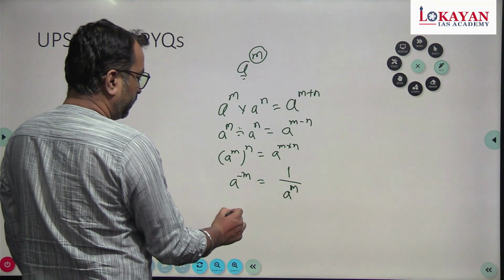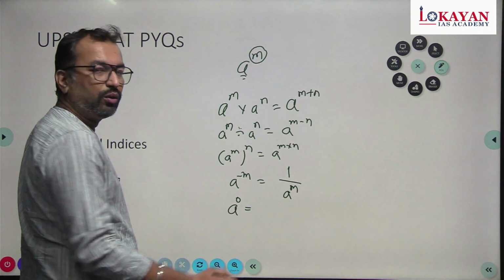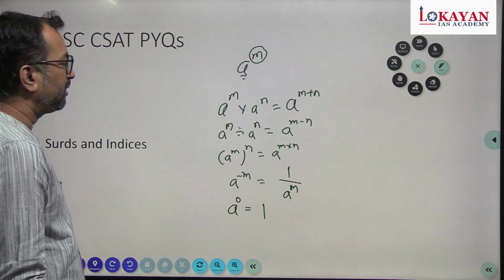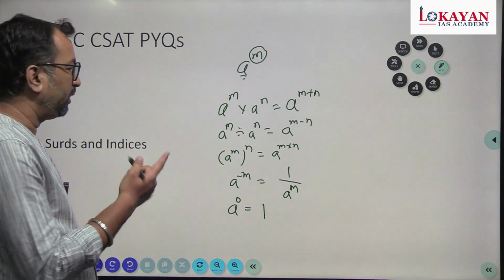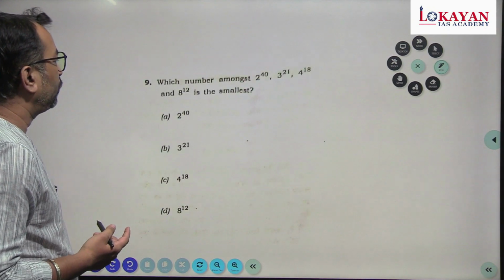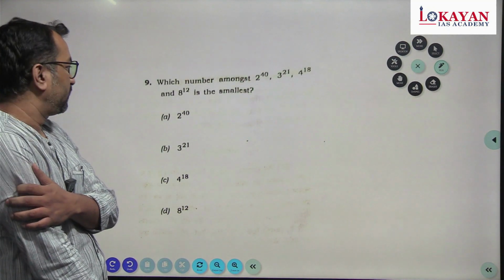And for any number, if power is 0, the value becomes 1. So these are some basic formulas related to surds and indices. So just let's go through some typical problems that UPSC asks, right?